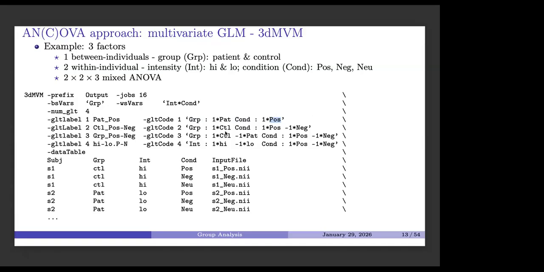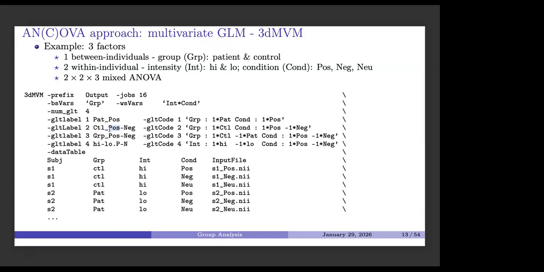The second case is a comparison between positive and neutral, fixed on the control group. If we look at the coding, the group is fixed on the control group, and for the condition, we now have 2 conditions, positive versus neutral. We assign the weight 1 to the positive emotion, minus 1 to the neutral.